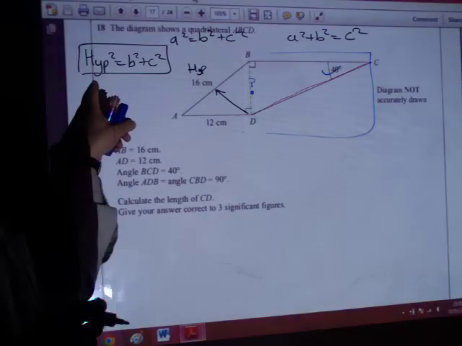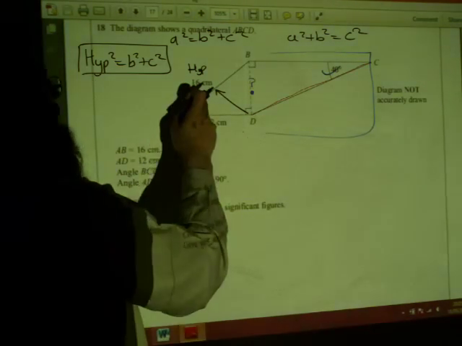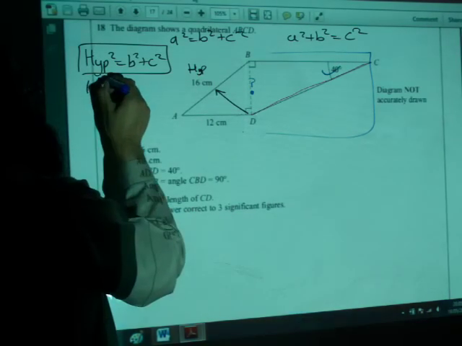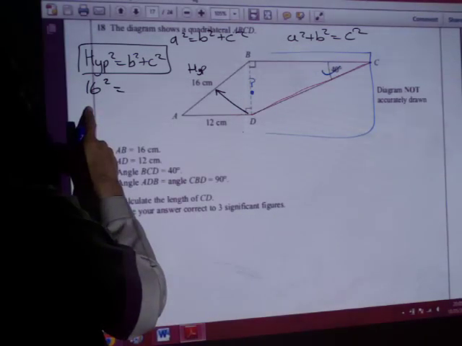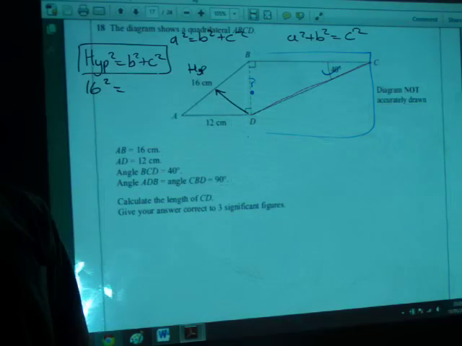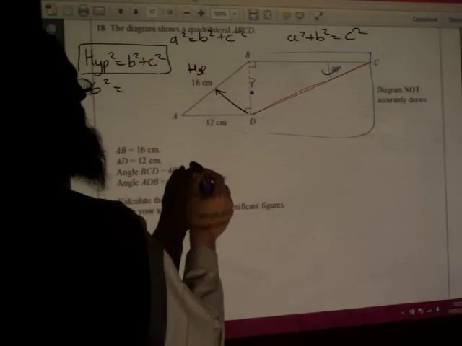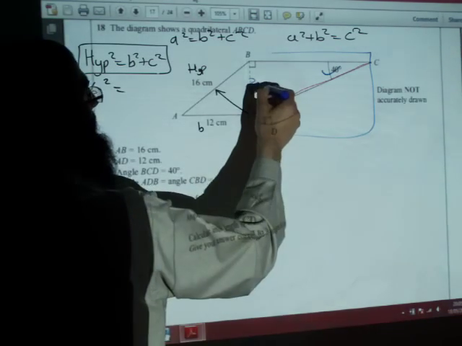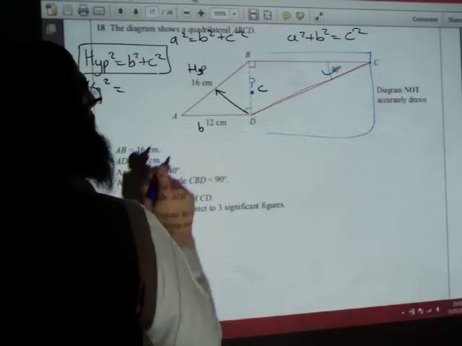Because whatever you have out here must be the hypotenuse. So our hypotenuse is 16. So 16 squared is equal to the other two. B and C are the other two lengths, in any order, it doesn't matter. So I'm just going to call this one here B and this one here little c for my triangle.